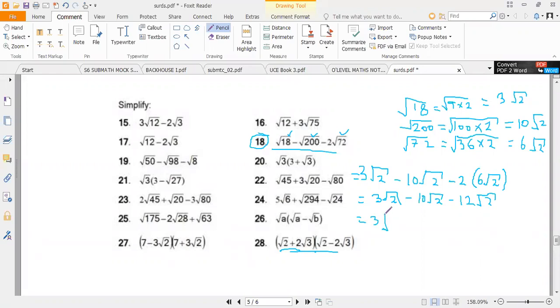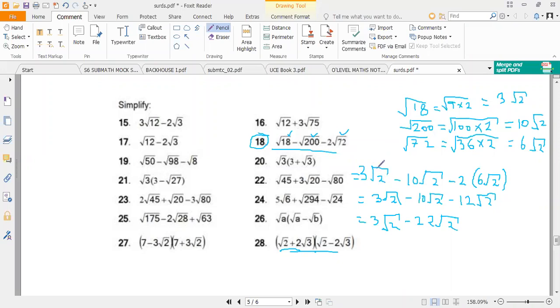This will be 3 root 2. 3 root 2, negative 10 minus 12, what do you get? Negative 10 minus 12. Yes. You get negative 22. Negative 22 root 2. And then finally, if you get 3 root 2 minus negative 22 root 2, it's actually the same as when you're dealing with any other unknowns.